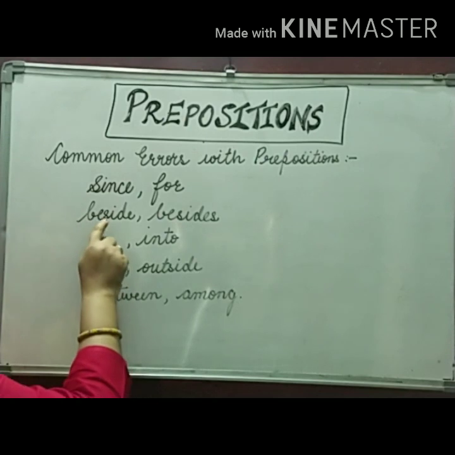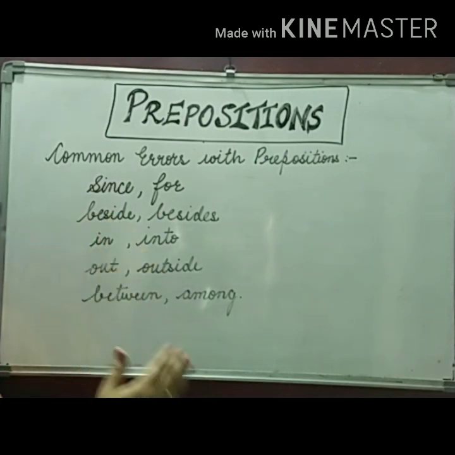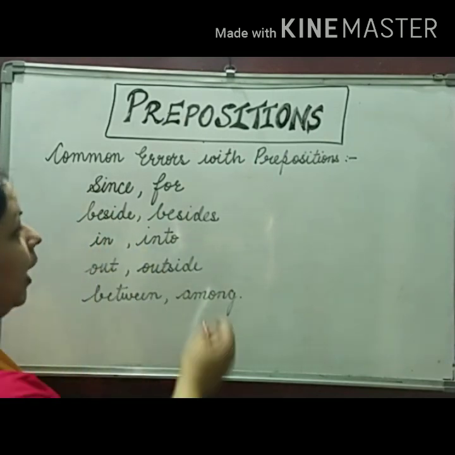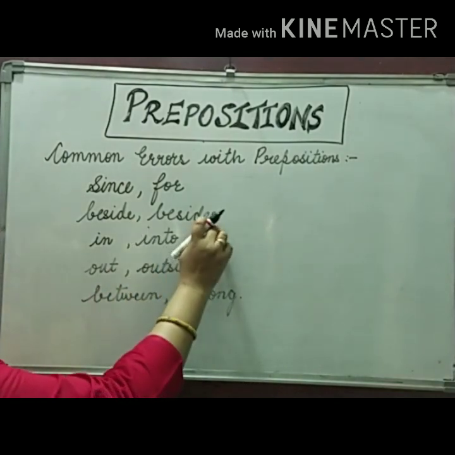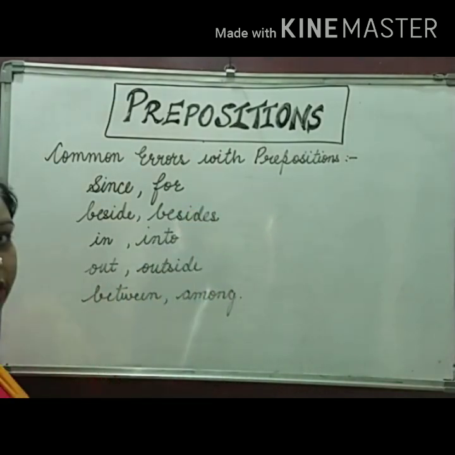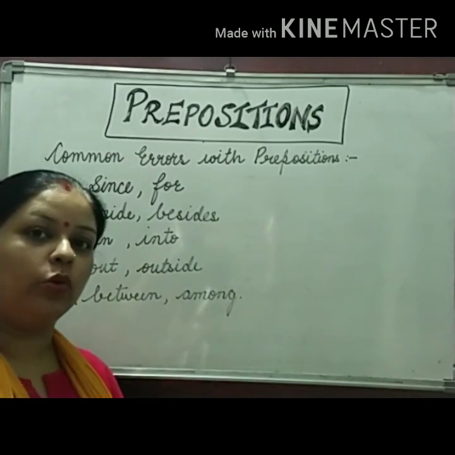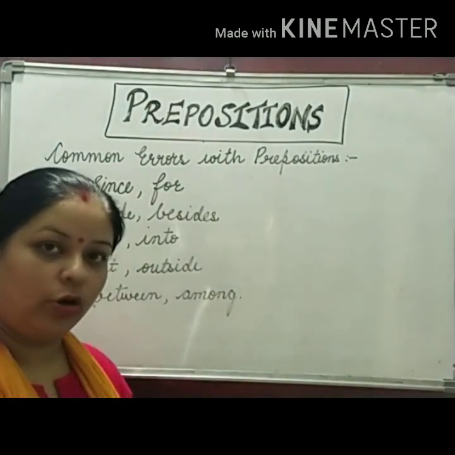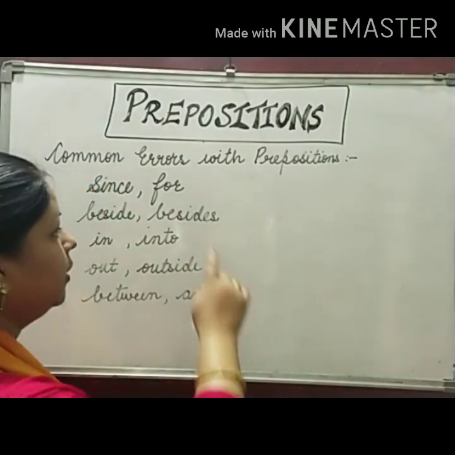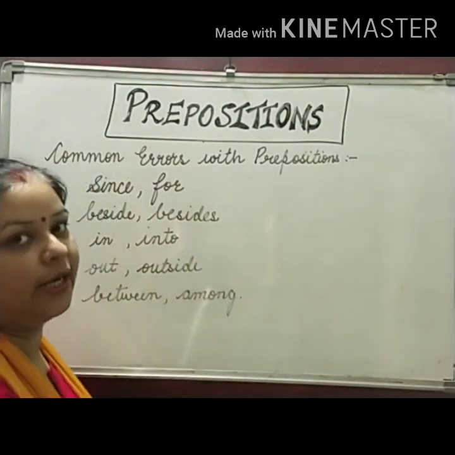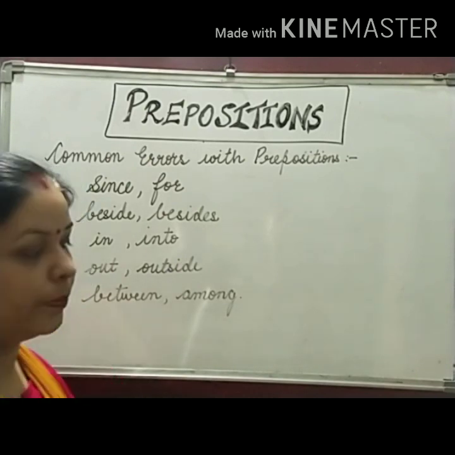Then beside means just next to me, and besides, with one s added, makes the difference: it means in addition to, when we include something extra, more than what we already have. In that sense besides is used as a preposition.